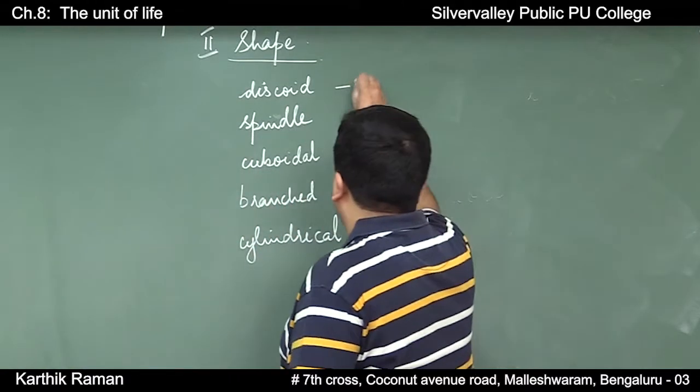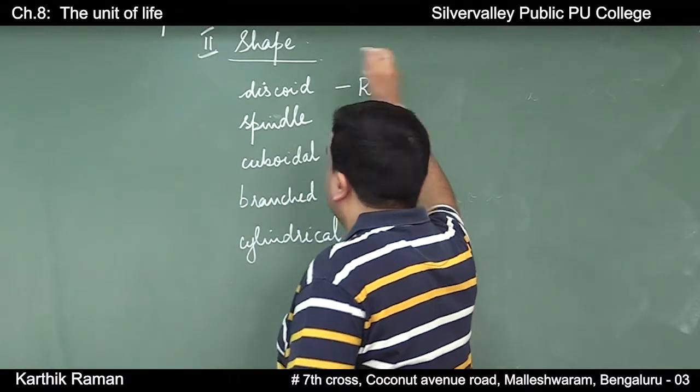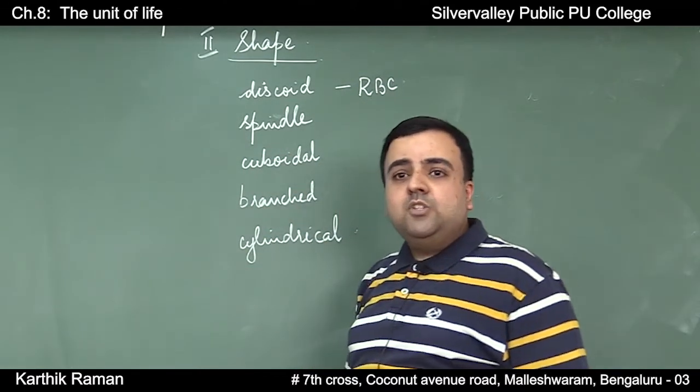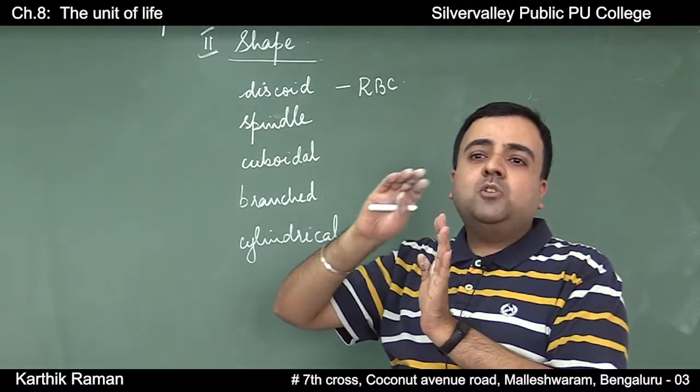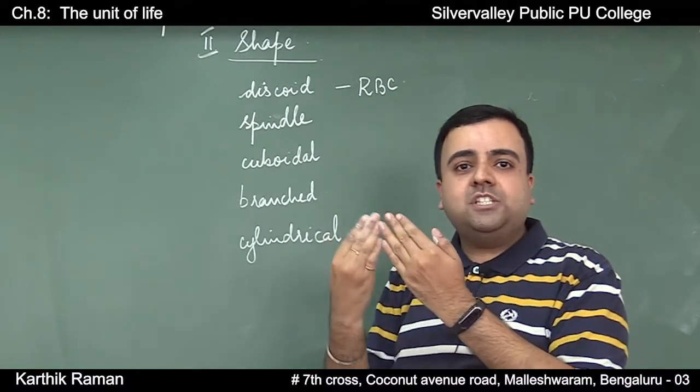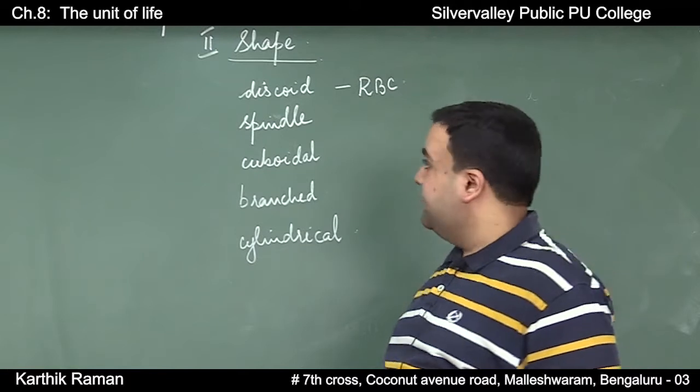In the discoid, the best example is the red blood cell. If it's the shape of a disc, it is going to have more surface area, and there is going to be better exchange of oxygen and carbon dioxide.